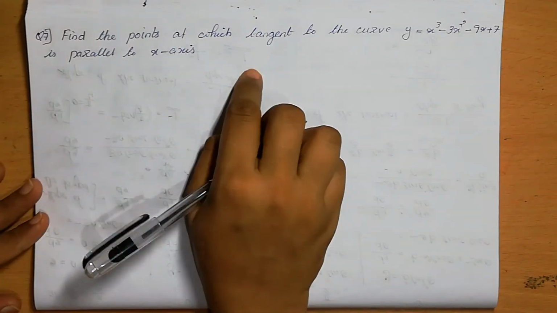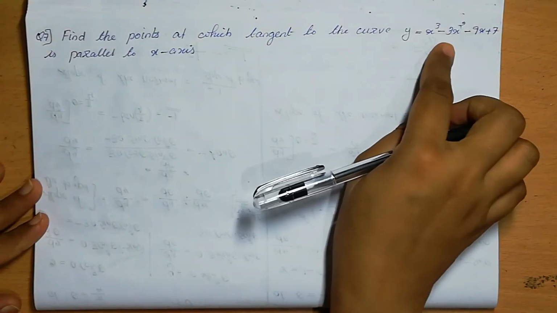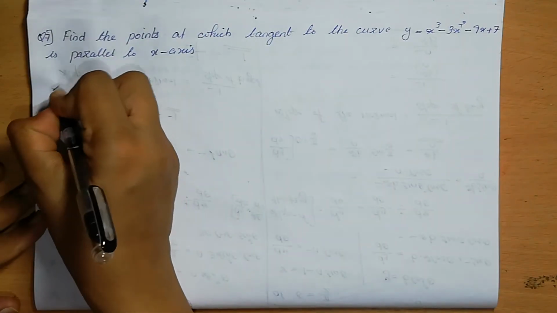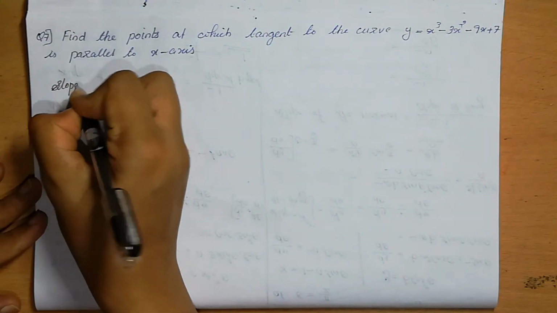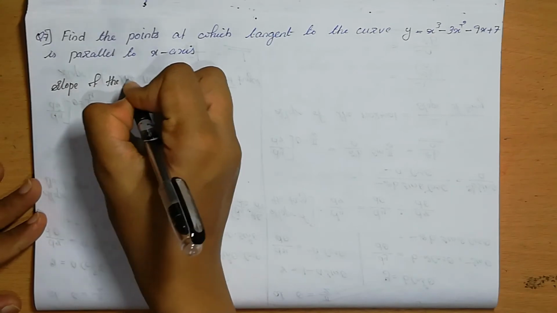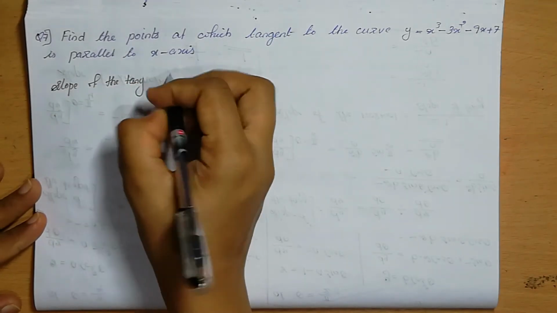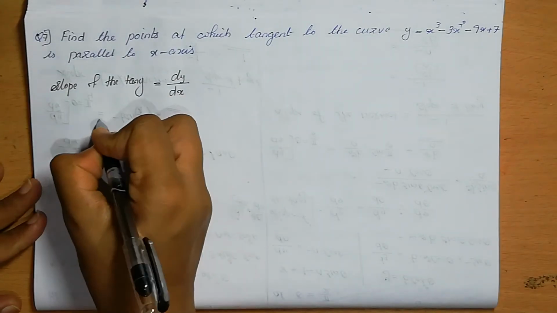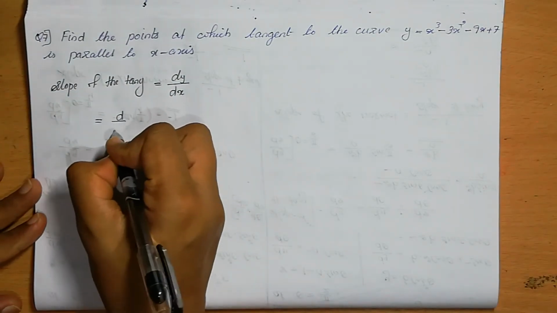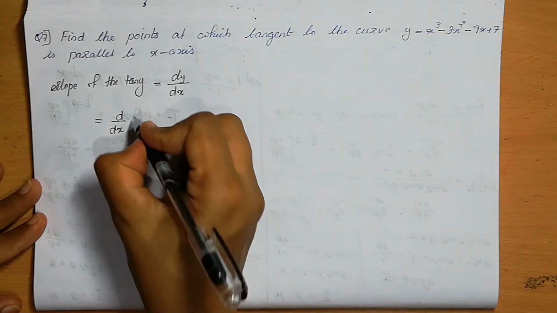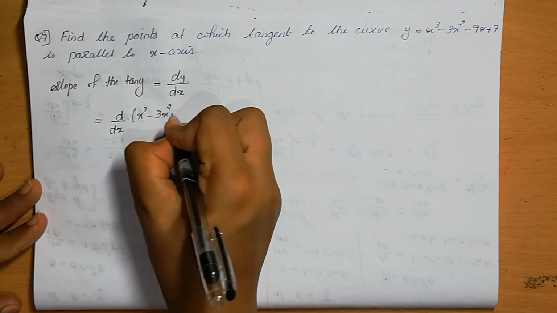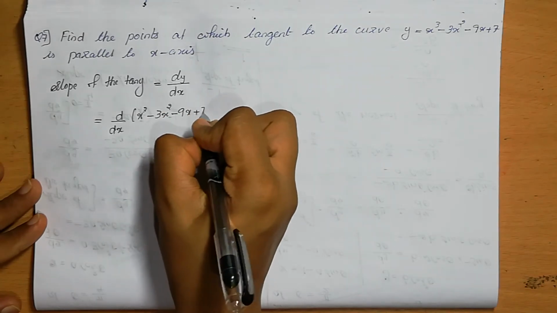So slope of the tangent to the curve y equal to x cube minus 3x square minus 9x plus 7. Slope of the tangent equal to dy by dx, that is equal to d by dx of x cube minus 3x square minus 9x plus 7.